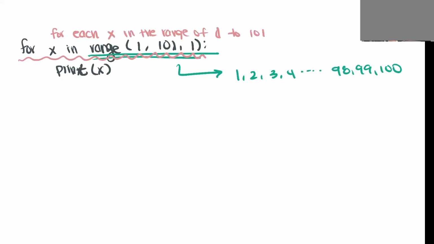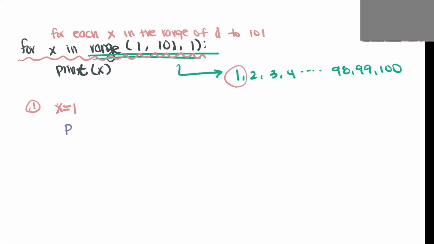So for each number in the range of 1 to 101, x would be 1 the first time. So the first time the loop runs, x would be 1. So it would naturally follow what the body wants it to do, what you need to execute in that block, and that is print x.